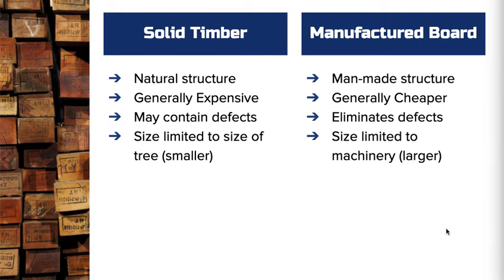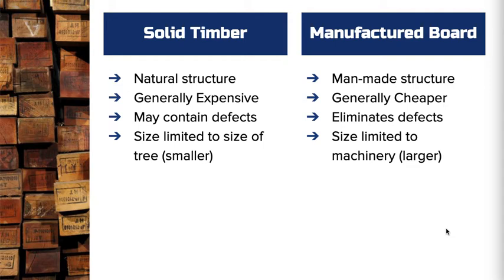And they're usually limited to smaller sizes. The biggest piece of timber you can have is dependent on how big the tree is. If you've only got a small tree, you can only get small bits of wood. If you've got a large tree, then you can get large bits of wood. So you've got to really think that the size of solid timber pieces is limited to the tree. So trees usually aren't 50 meters long, so you wouldn't be able to get a 50-meter long piece of solid timber ever. It just wouldn't be possible.